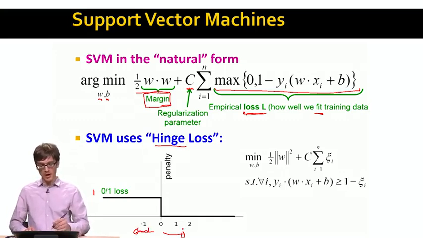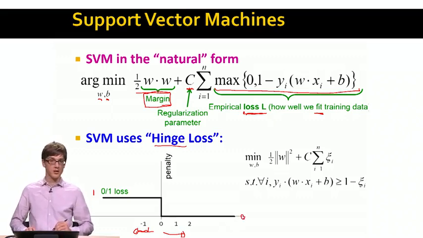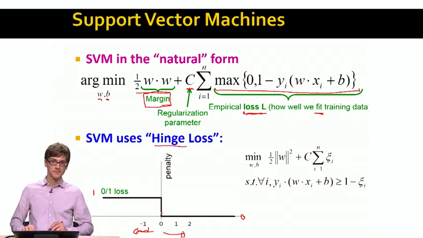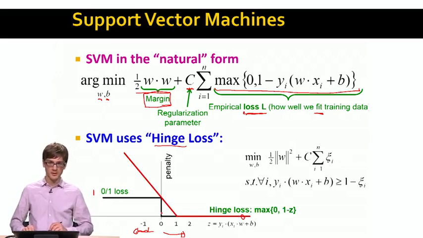While if we made the correct classification, we would like to obtain 0, meaning no penalty. So an ideal 0-1 loss would be that you obtain a penalty of 1 if we misclassify and a penalty of 0 if we classify correctly. The penalty that the support vector machine is using is called the hinge loss.